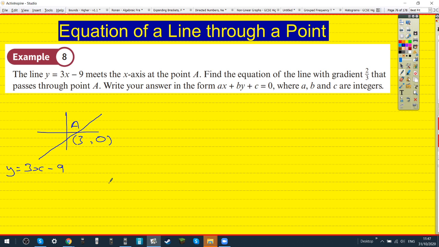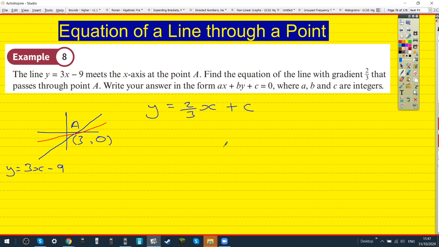Okay. What is next? So could we write that equation with the gradient 2/3 as y equals 2/3 x minus 9? Would that not be right? It will be 2/3 x plus c.